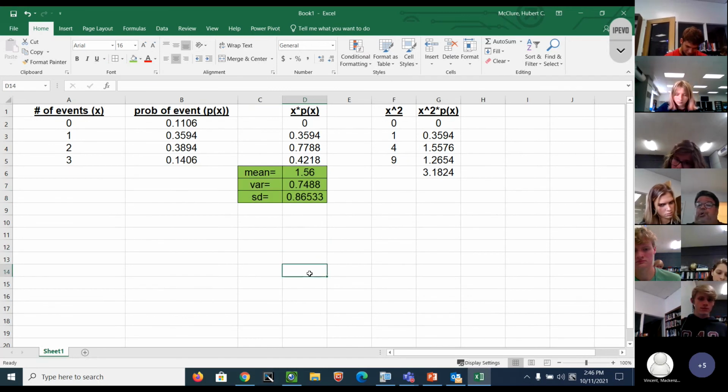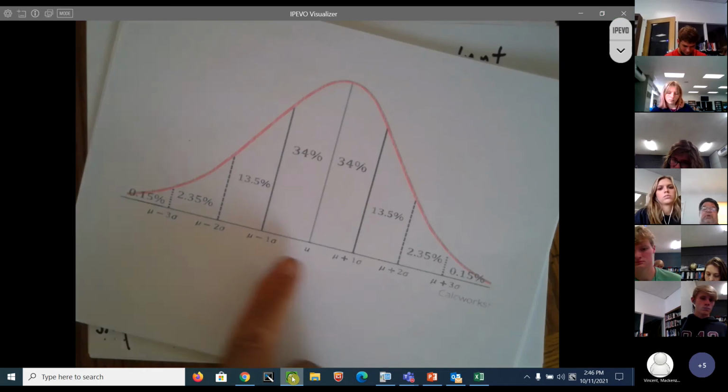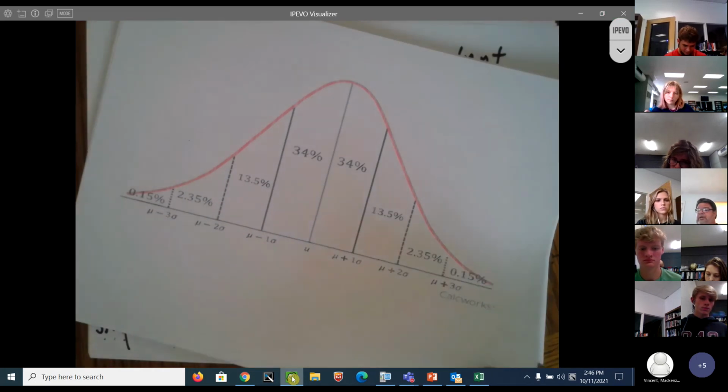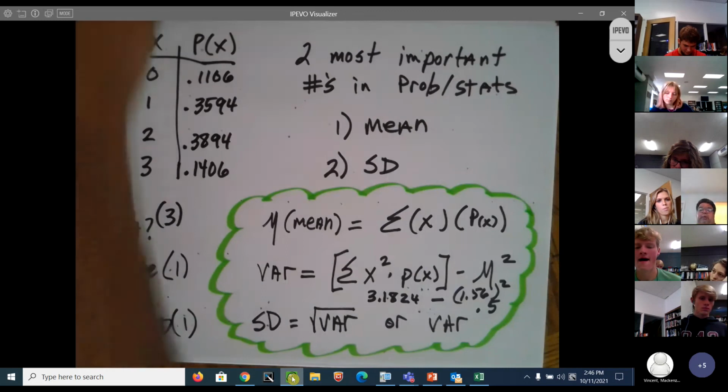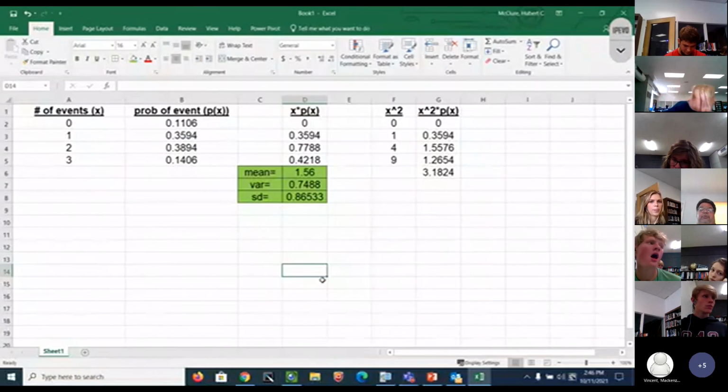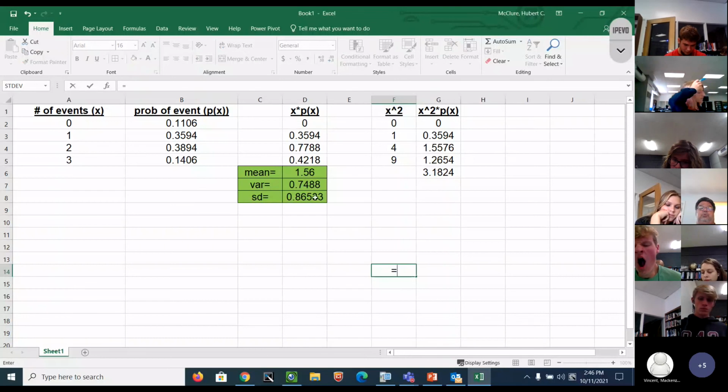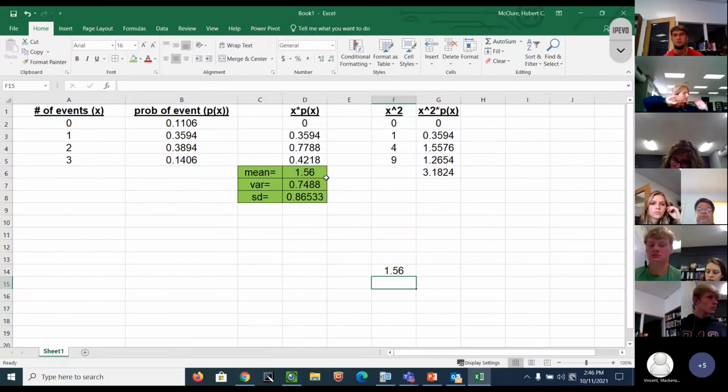And don't forget, for the 2 people that actually did this, we're going to fill these out, chapter 7, so might as well practice it now. And the mean goes in the middle. And that's equal to 1.56.